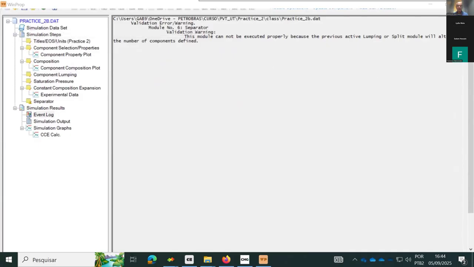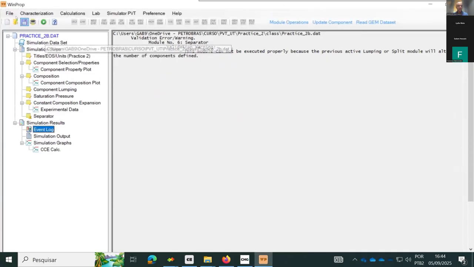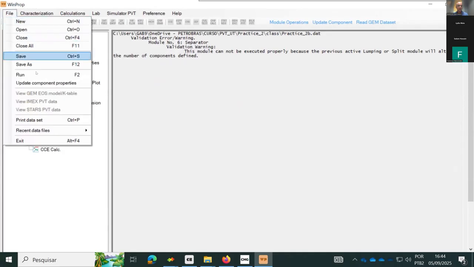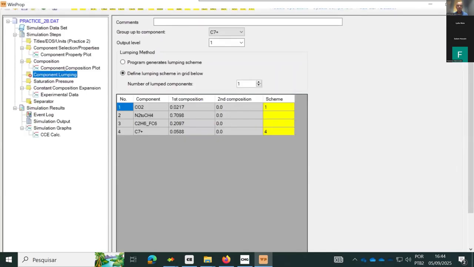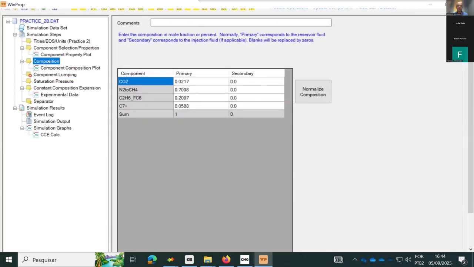And to process the lumping, you need to go to File and update the file. Update, yes. Now, if you take a look at the compositional section, you have only 4 components. So you reduced it from 9 or 10 components to 4 components, following the lumping scheme that you set in the previous step.